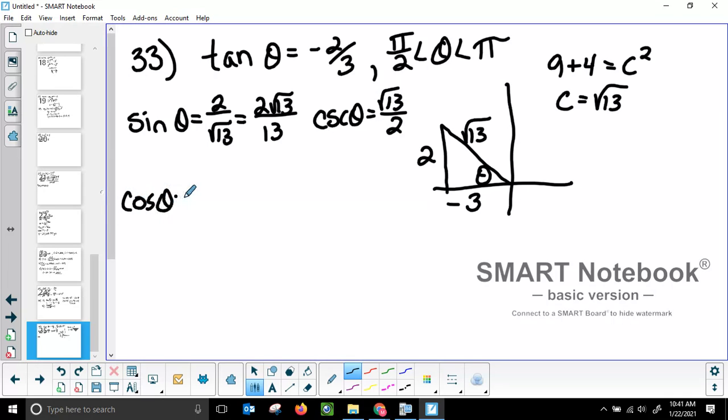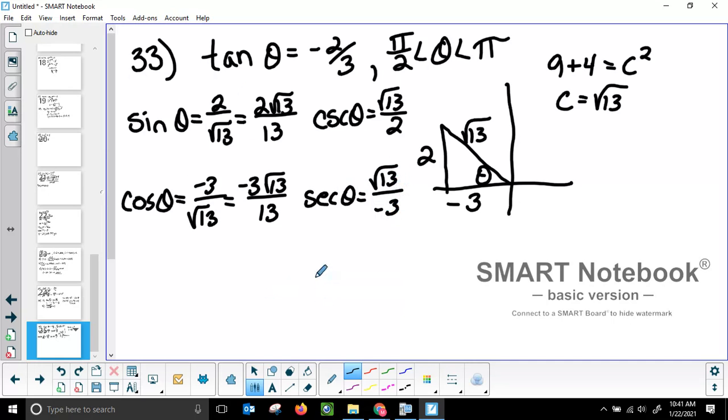Cosine of theta is adjacent over hypotenuse, which is going to be negative 3 root 13 over 13. And secant, we just flip our original cosine here to get the square root of 13 over negative 3. We were given tangent, so the only other thing we would need to find is cotangent, and that's negative 3/2. Pretty straightforward. Done.